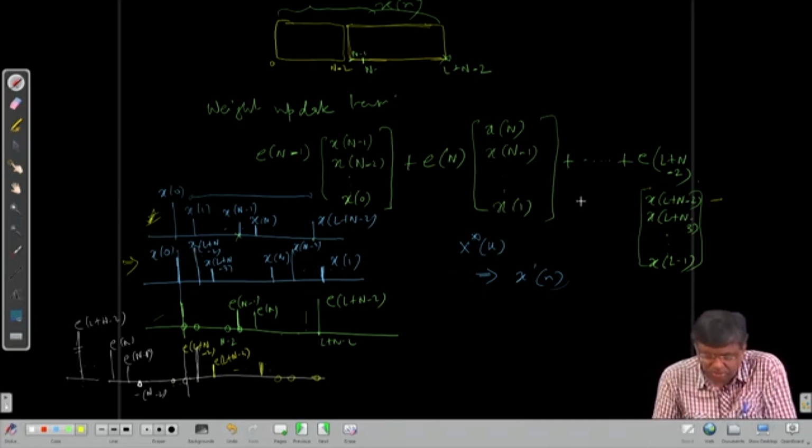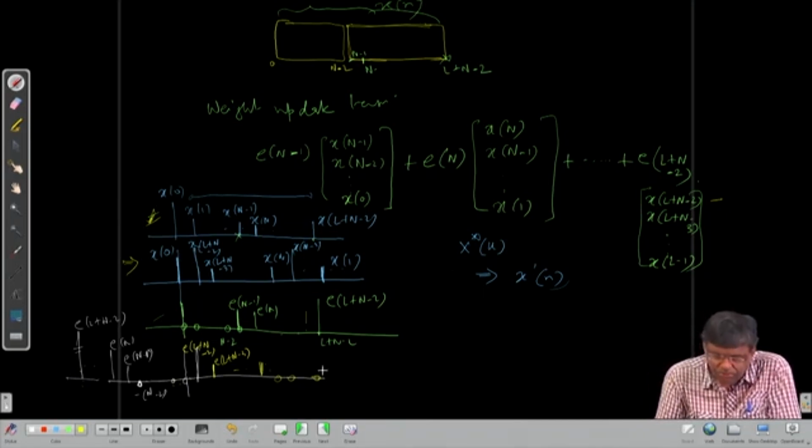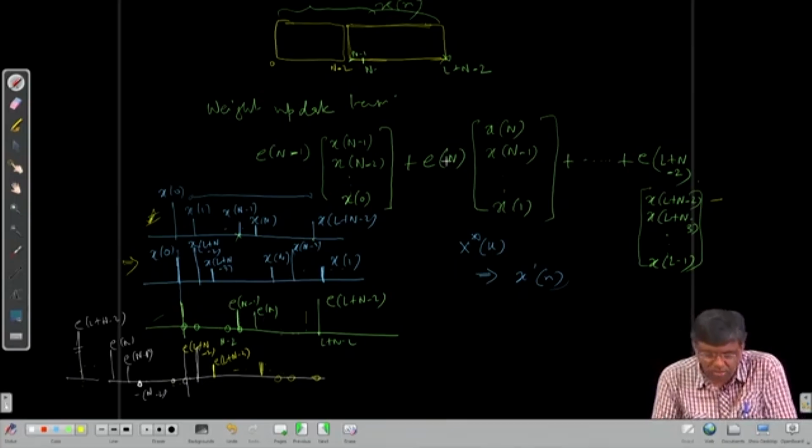Then see, this E of n will multiply x of n, and E of n minus 1 will multiply this. This is very clear from here.